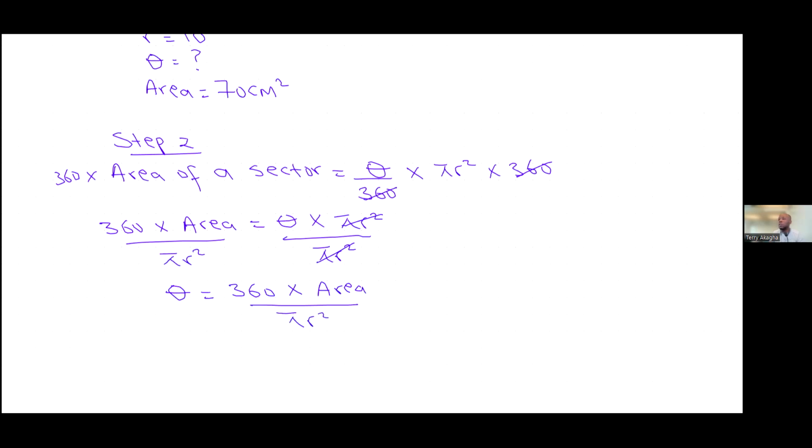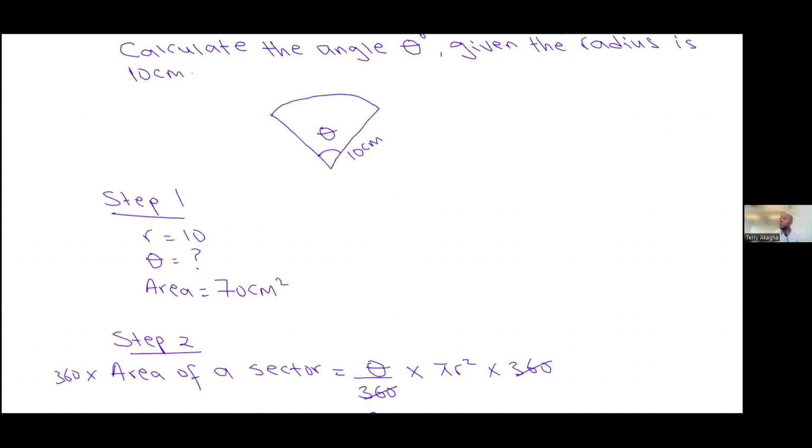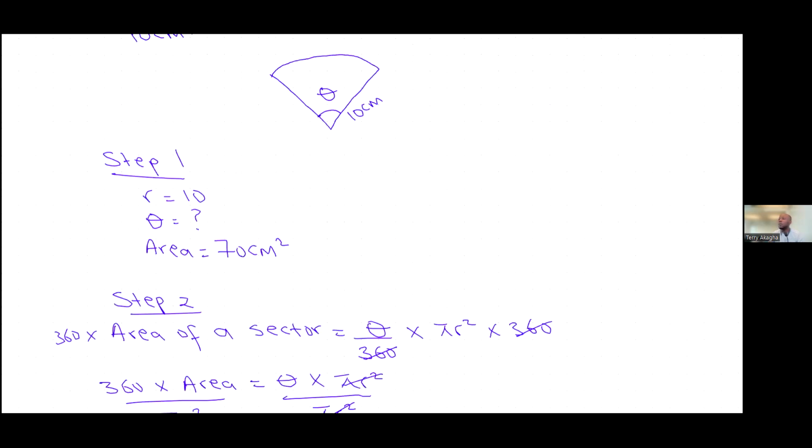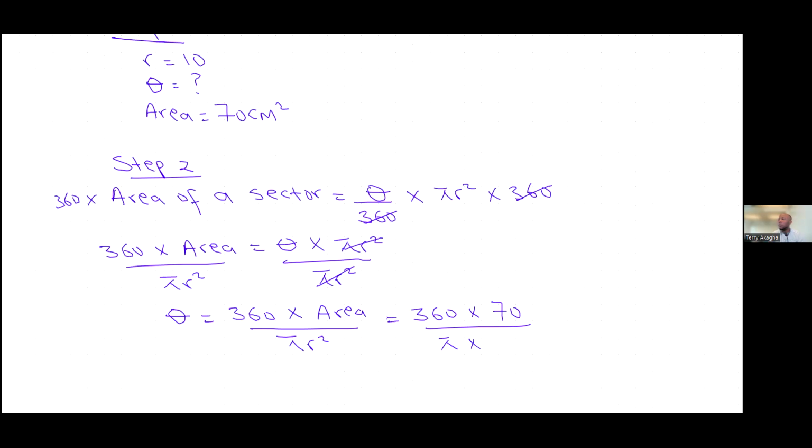And then this gives us 360 times the area, which we were told from the question was 70 centimeters squared, divided by pi multiplied by the radius, which was 10, so 10 squared.